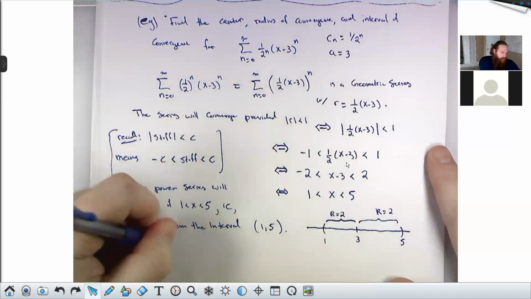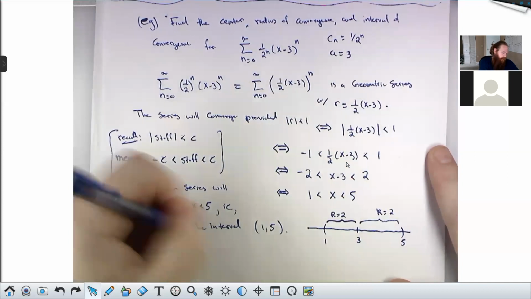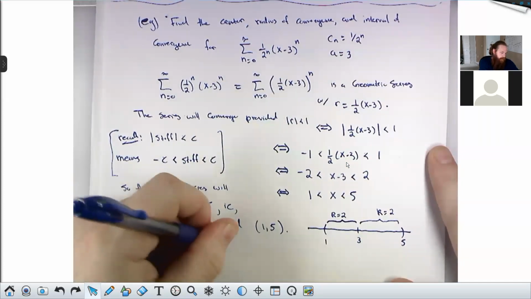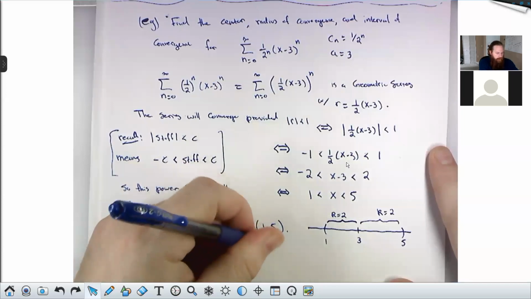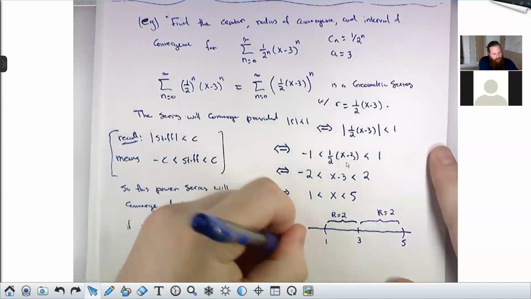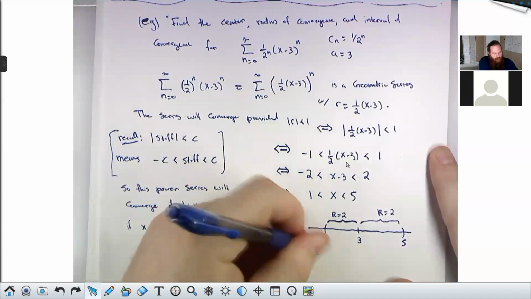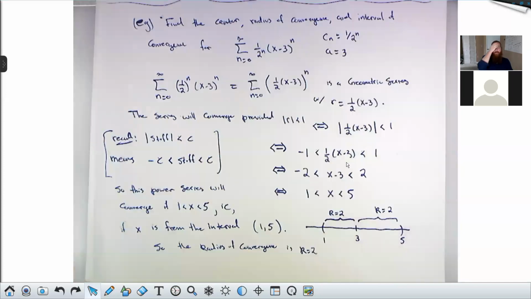So the radius of convergence is r equals 2. And I think that's everything we wanted, right? I have my interval of convergence. I have my radius of convergence. I have my center. And I even found the coefficients, Cn.